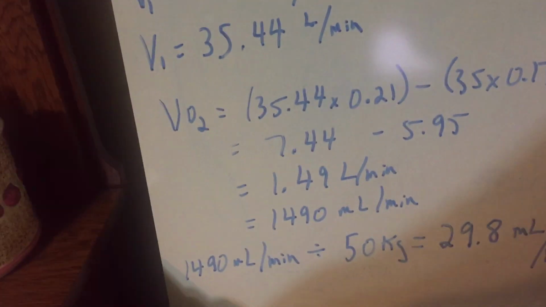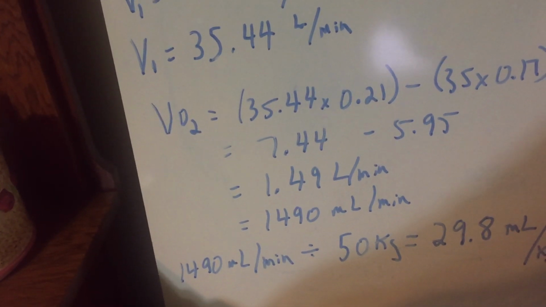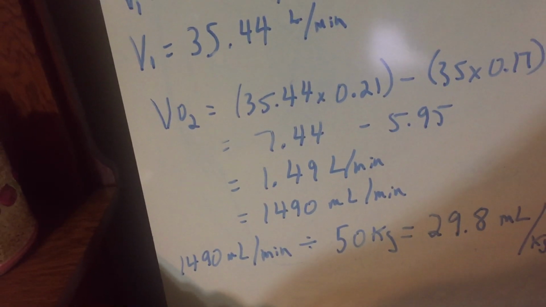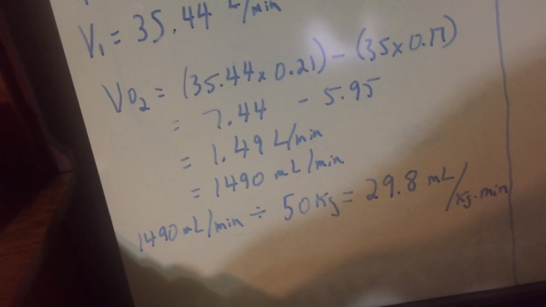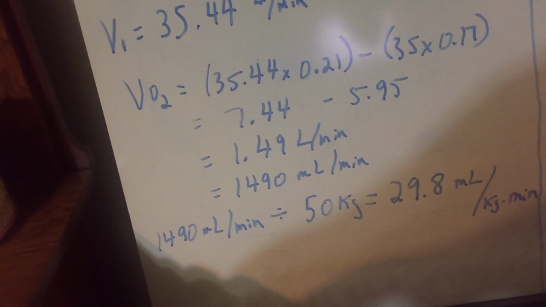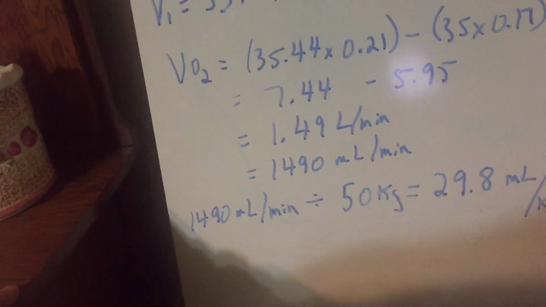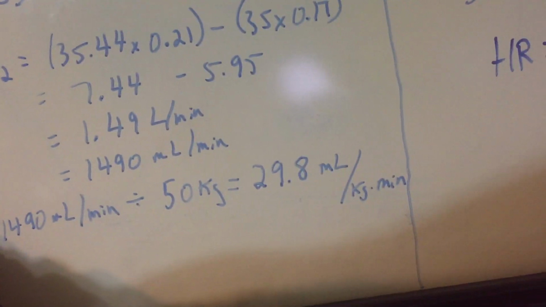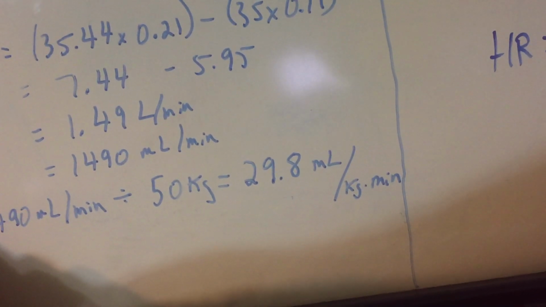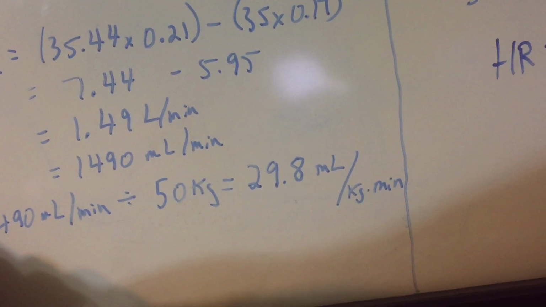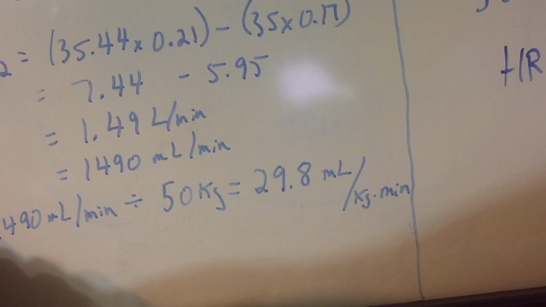So you end up with your VO2 equal to 1.49 liters per minute. Because I'm asking for relative VO2, you convert that to milliliters. You divide it by the person's body weight to get their relative VO2 as 29.8 milliliters per kilogram per minute. And that's the answer for your question.